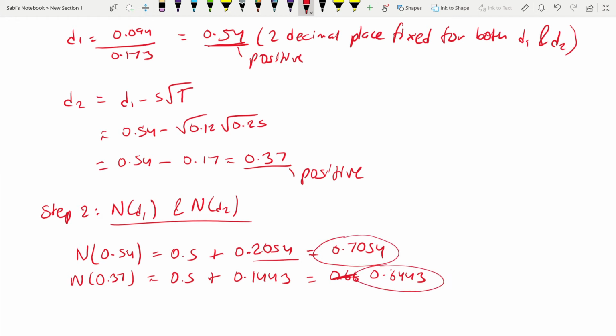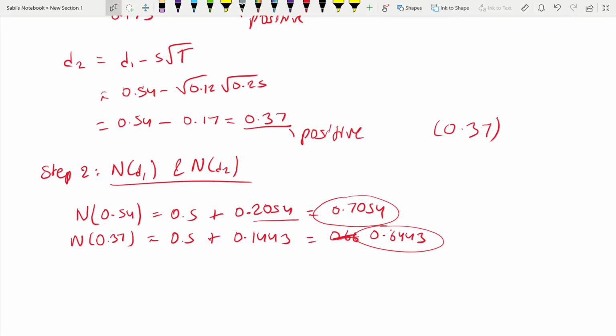If it was negative, let's say this was negative 0.37, let's assume you're getting a minus 0.37. What should you do? Then you have to deduct that number from 0.5. So 0.5 minus that number. This is just an assumption.